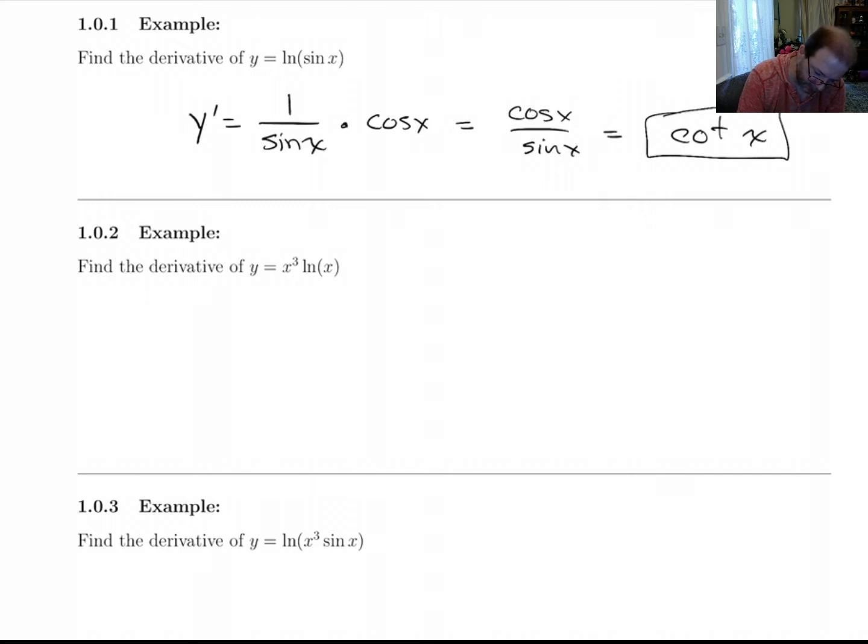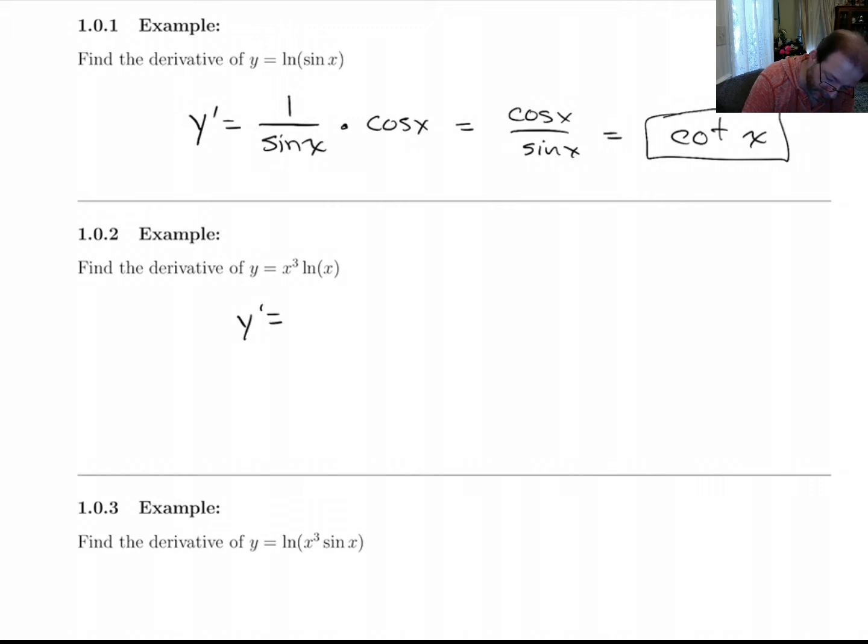Well, let's see. This example, we've got x cubed times natural log of x. So in this one, we've got to use the product rule. Y prime is going to be first times derivative of the second. Derivative of natural log x is 1 over x, plus the second times derivative of the first.